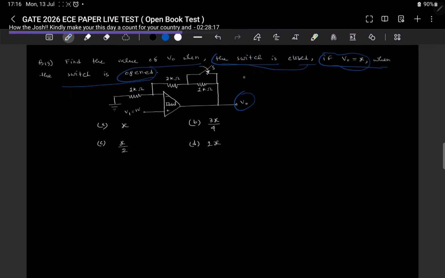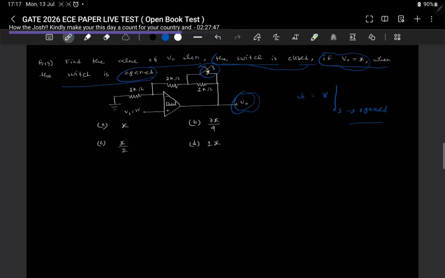Okay, so here what it is telling, we are finding out the VO when the switch is closed. But here one value is given, that VO will be X when the switch is opened.